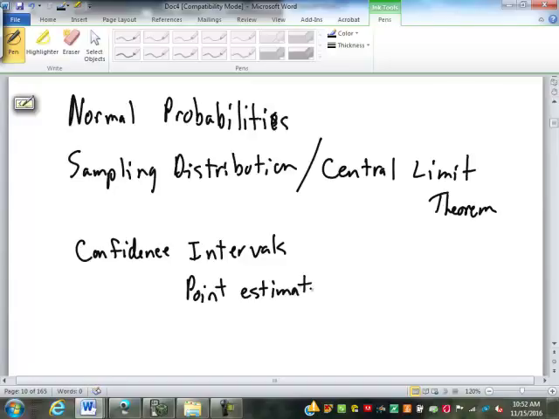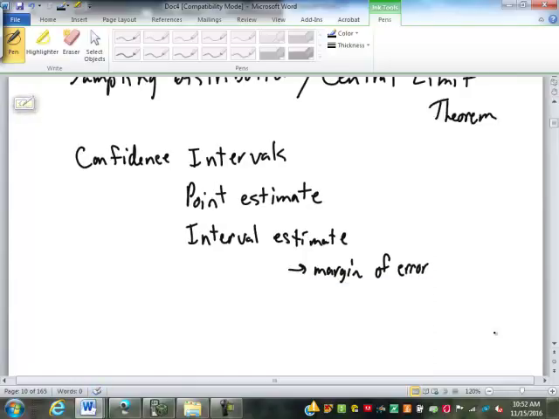You might just use the sample mean to estimate the population mean. That's a point estimate. Then use the interval estimate, which is the confidence intervals. Of course, that interval estimate deals with a margin of error that we will look at in just a little bit. And then finally, in the last week, we have had the basics of hypothesis testing.